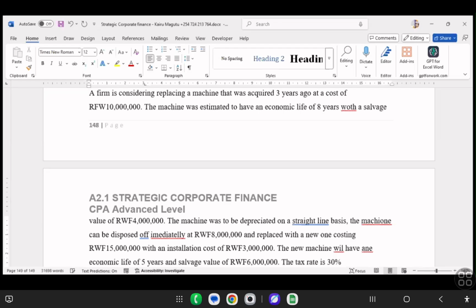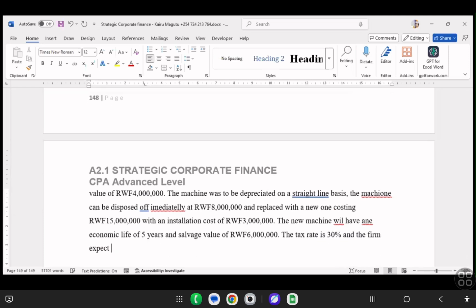The farm expects to experience an increase in trade receivables by 2.4 million Rwandan francs.